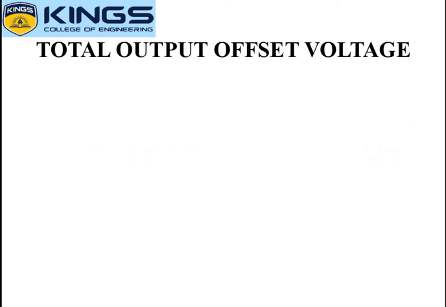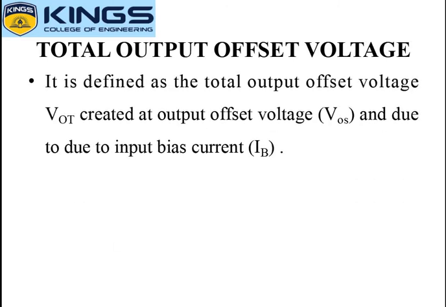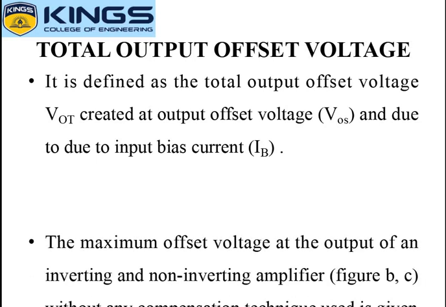The other one is total output offset voltage. It is defined as the total output offset voltage VOT created by input offset voltage VOS and due to input bias current IB.